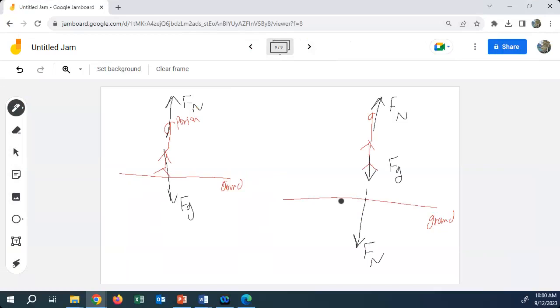The person exerts exactly the same force of gravity on the ground. Good. We will always show this one, because the object of interest was a person. But based on Newton's third law that we learned, if we are analyzing two objects of interest, we need to identify all forces for two objects of interest. Good?